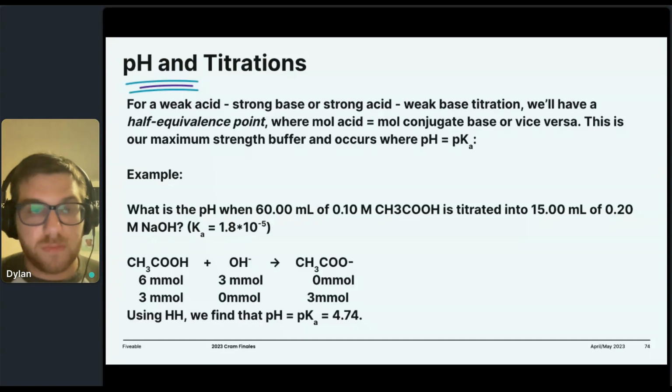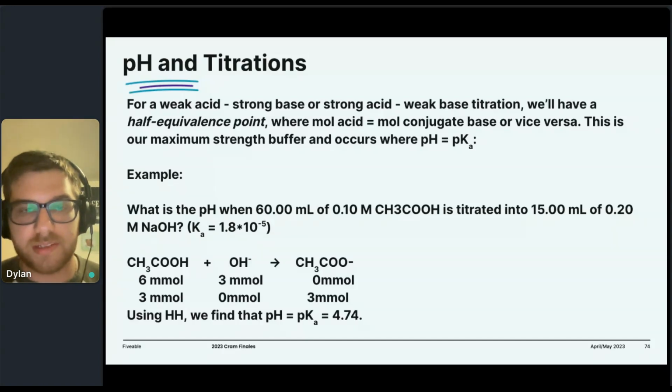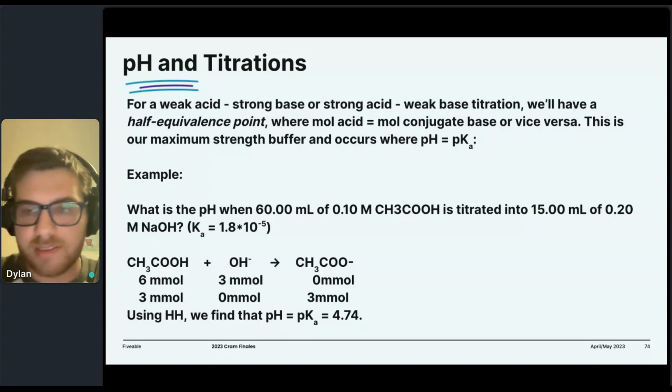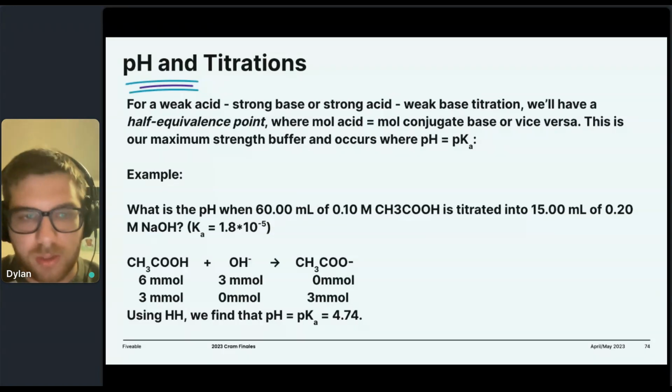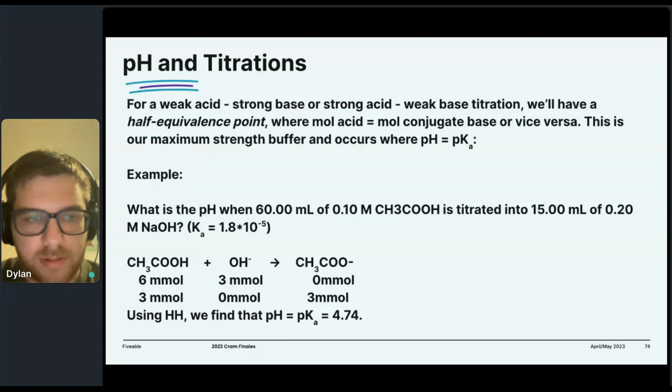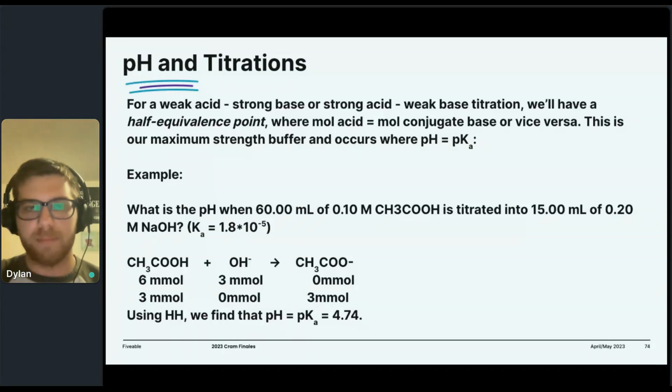So for example, what is the pH when 60 milliliters of 10 molar acetic acid is titrated into 15 milliliters of 0.2 molar sodium hydroxide? And we're given the Ka of acetic acid, right? So again, we calculate our moles of acid and moles of base by multiplying molarity by volume.